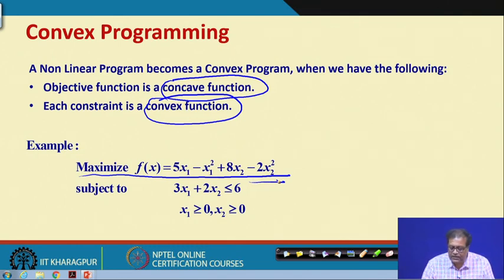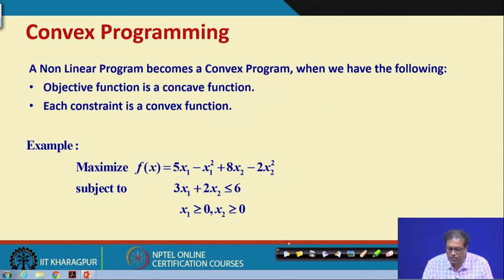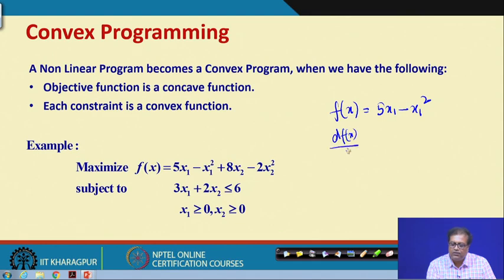Now, let us take a very simple case. Suppose our f(x) is only f(x) equal to 5x1 minus x1 square. What is the first derivative? The first derivative will be 5 minus 2x1.